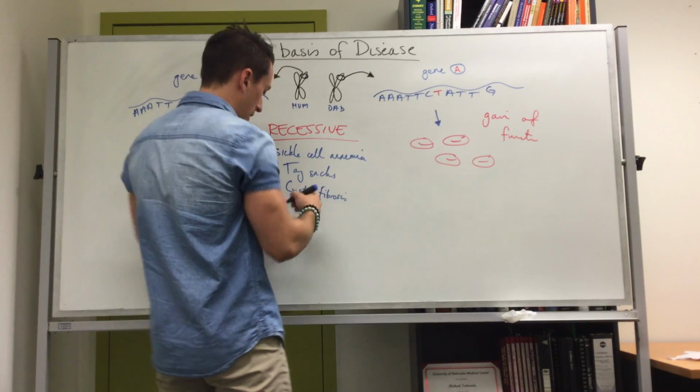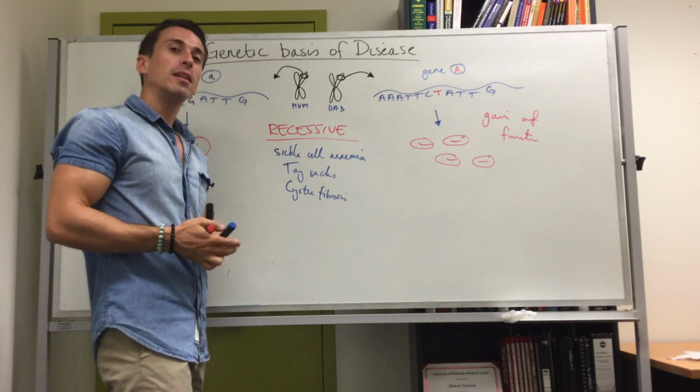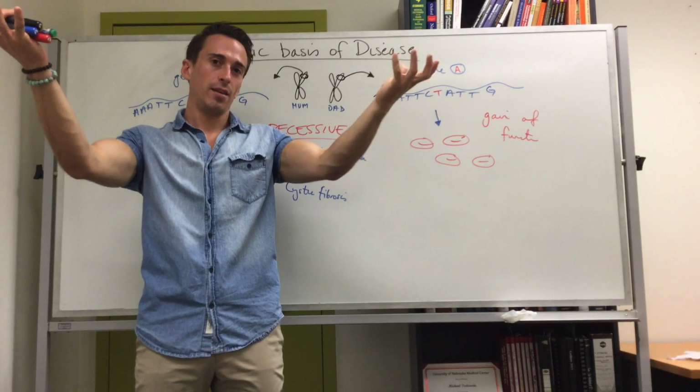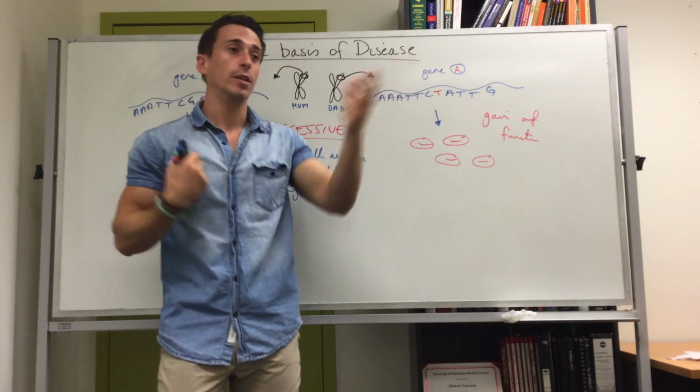What that means is, in order for an individual to present with these diseases, they need a dysfunctional copy from mum and a dysfunctional copy from dad. Otherwise, if they only get one from one parent, they'll be carriers.